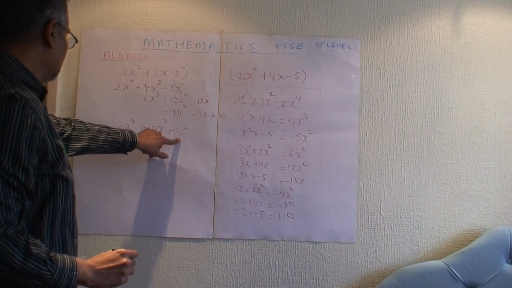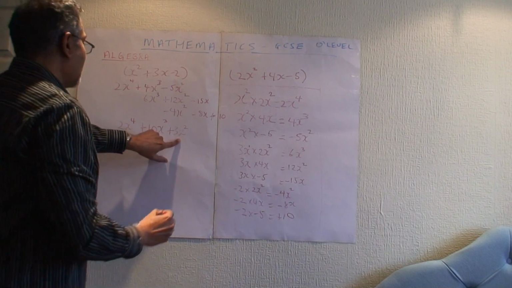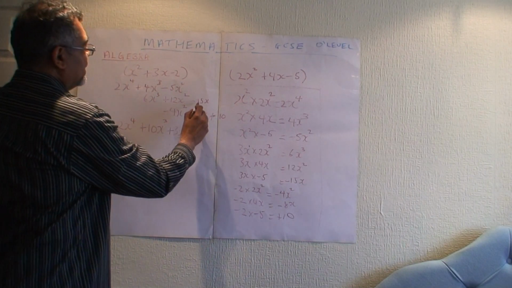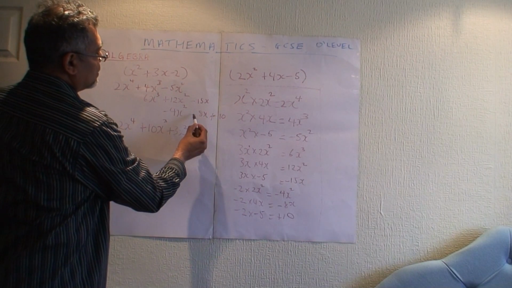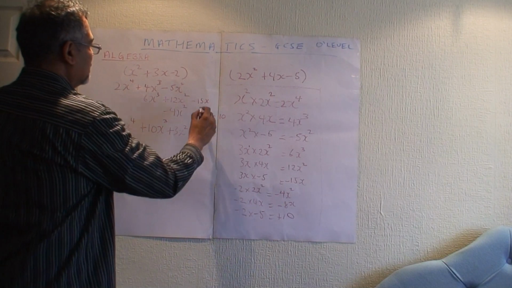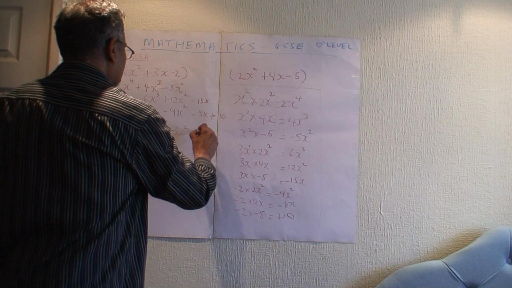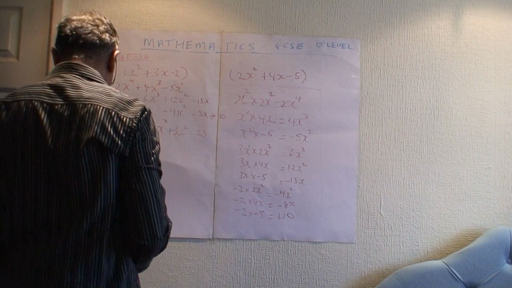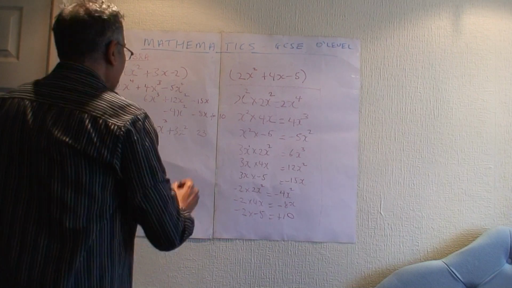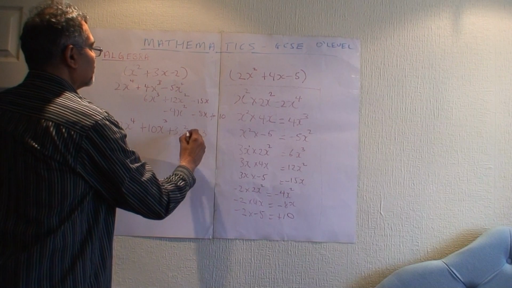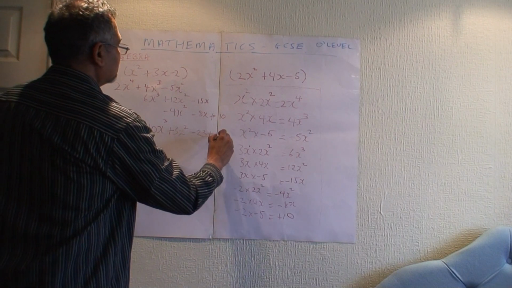Now we have minus 15x minus 8x, so we add the negatives. 15 and 8 is 23, but it's negative, so minus 23x. And then we plus the 10.